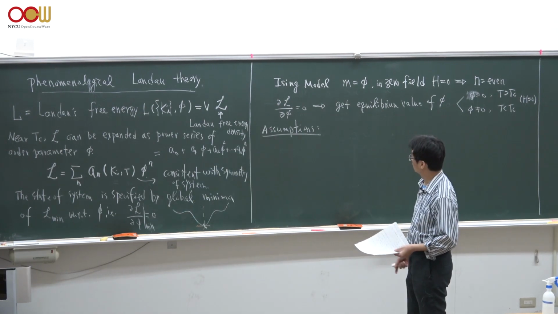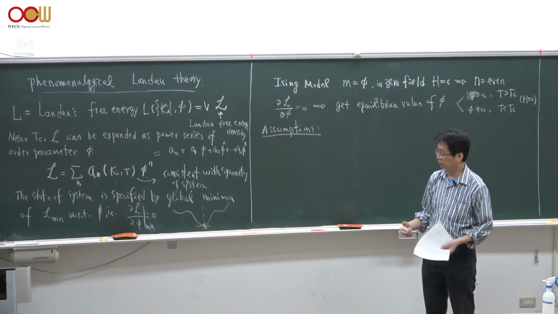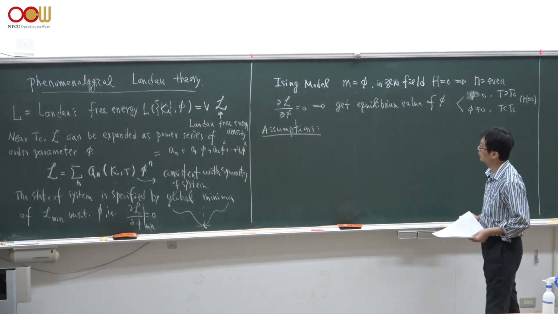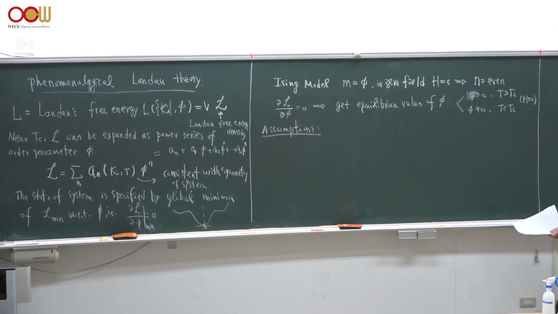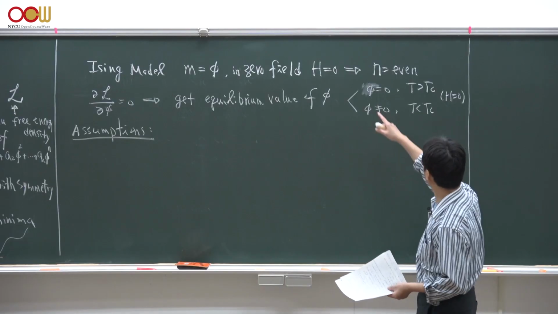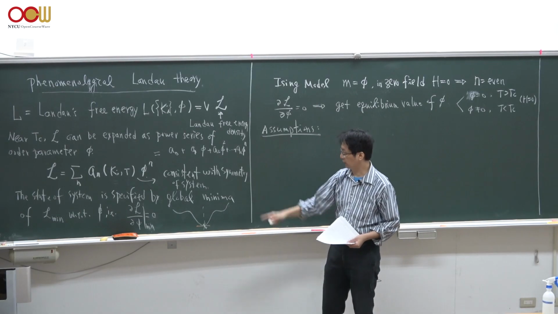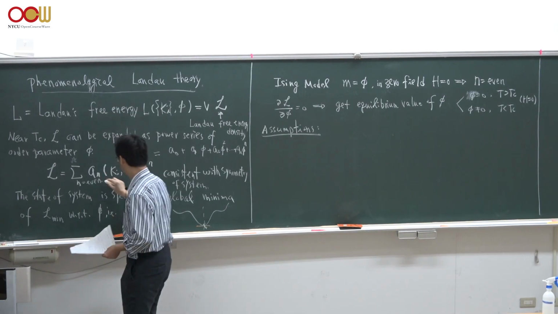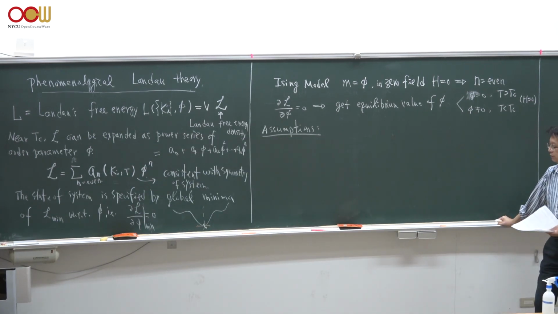Remember, the order parameter phi becomes finite below Tc and 0 above Tc. So for example, in the Ising model, this order parameter is given by the magnetization. So at zero field, h equals 0, and we'll see in just a moment that the expansion actually has only even terms, which means that only the terms with even powers of phi survive. All the odd powers in the expansion vanish.